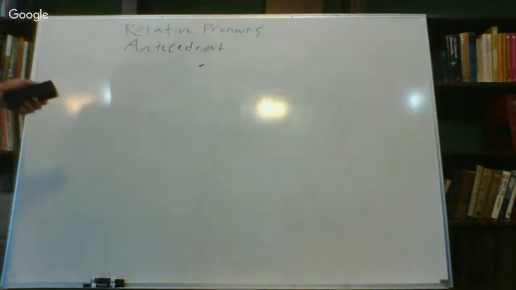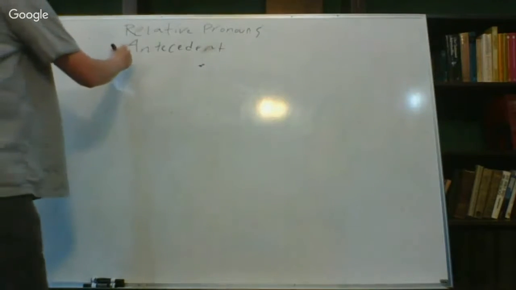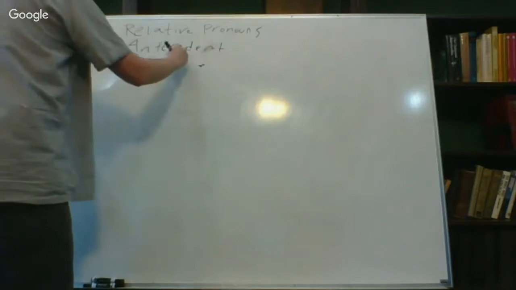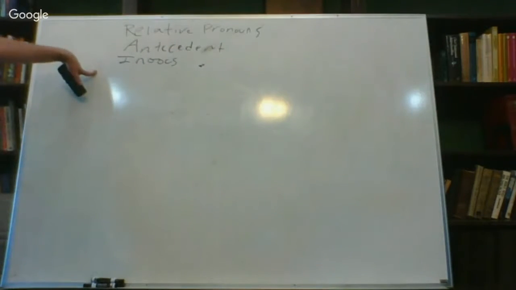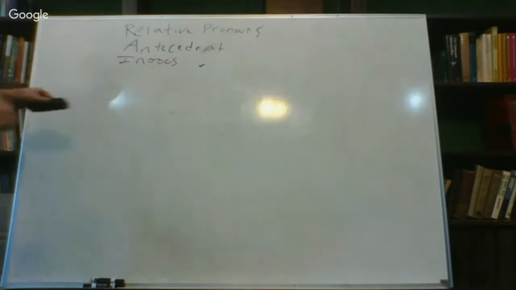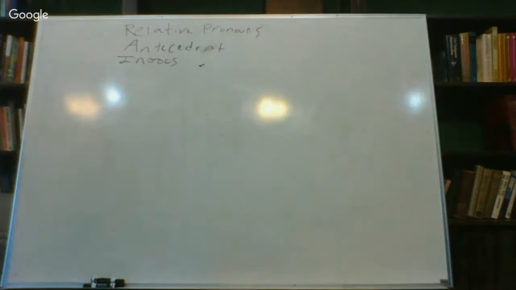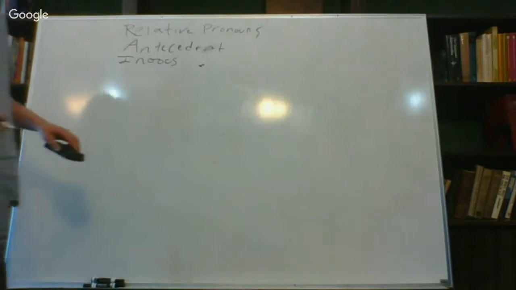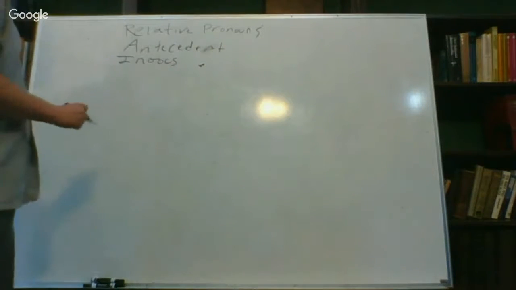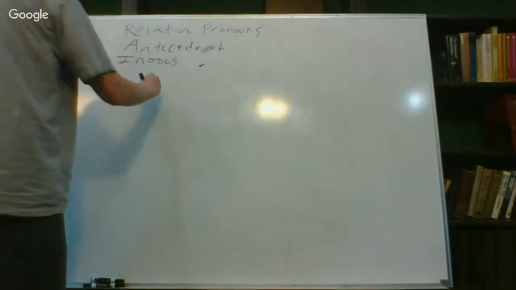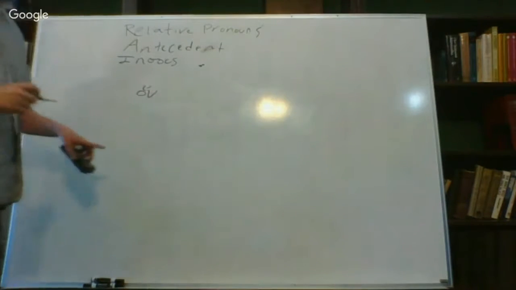So, let's say Jesus is our antecedent, right? And then we find, I haven't given you the participle yet, but let's say we find hon, right?